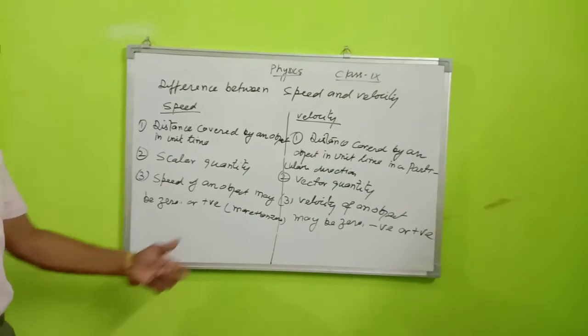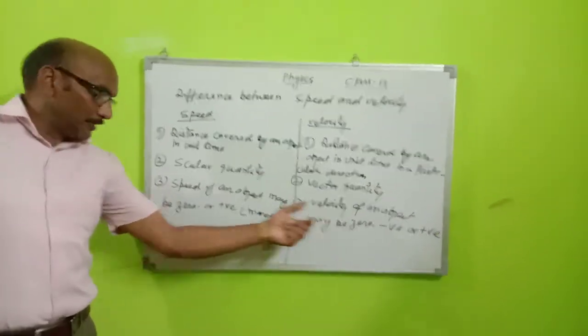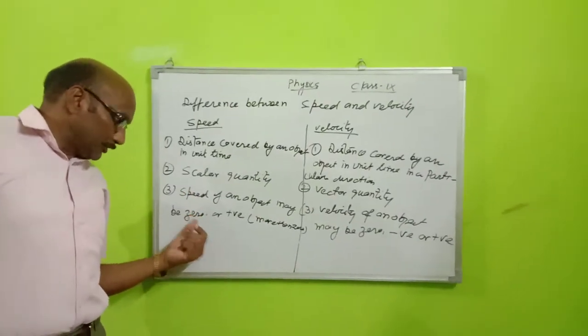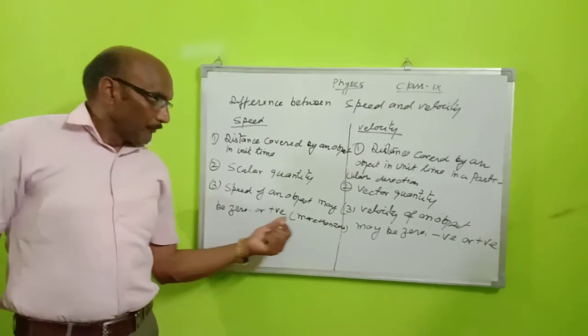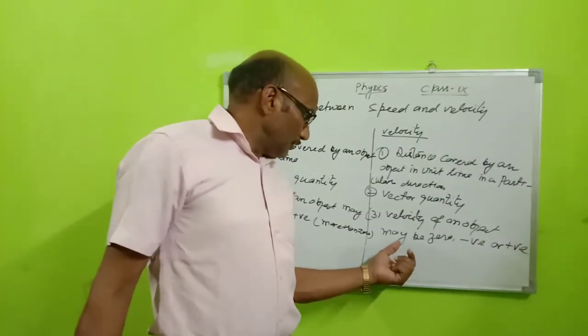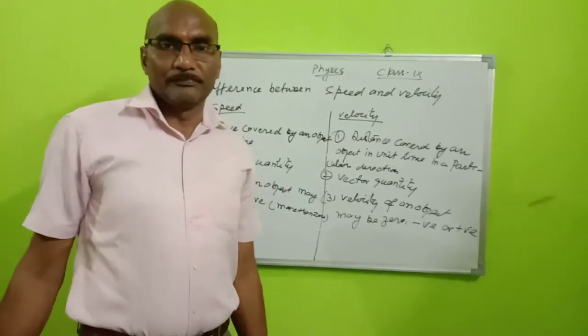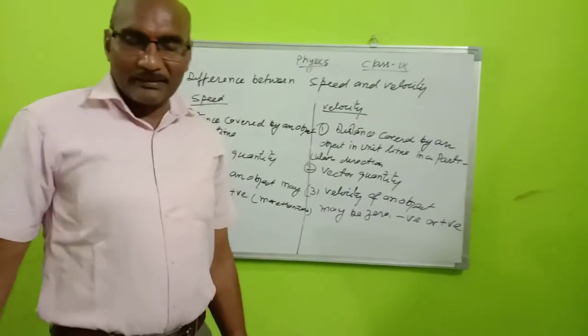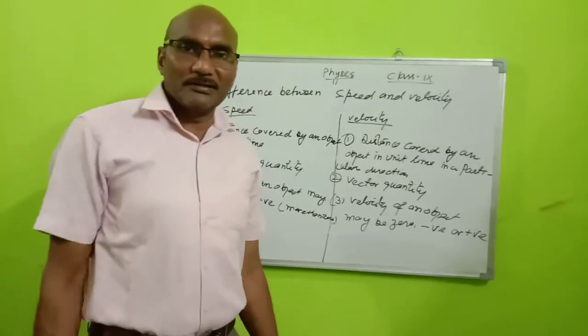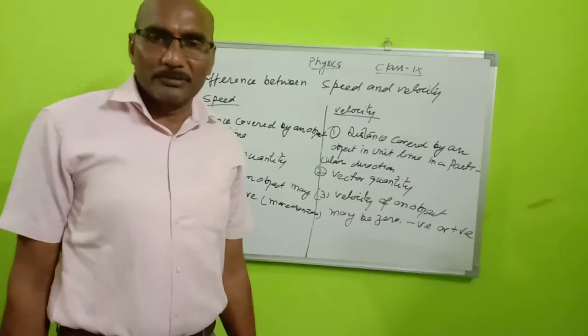The major difference between velocity and speed is that speed can be 0 or positive, and velocity can be 0, positive and negative also. I will discuss later what the conditions are when the velocity becomes negative.